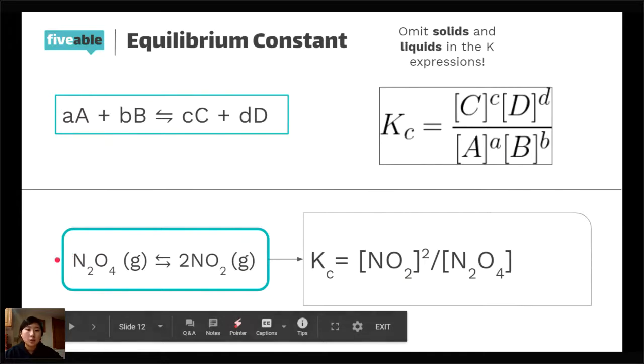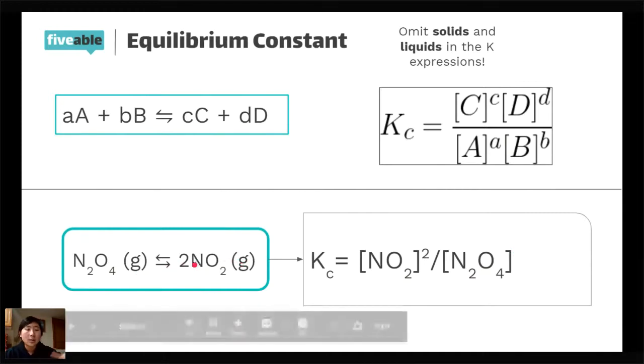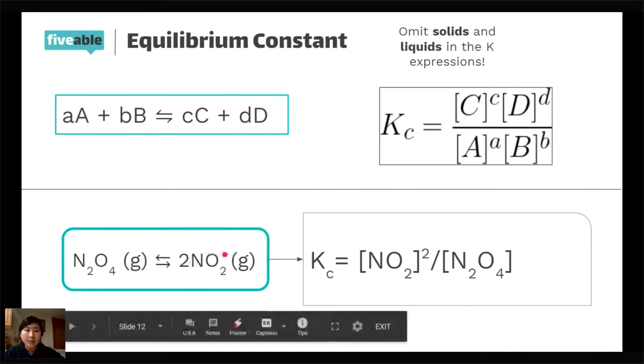There's not a big 2 or 3 in the very front, right? So there's no power of something. And then you look at the product side of the reaction, and you can see it is NO2.